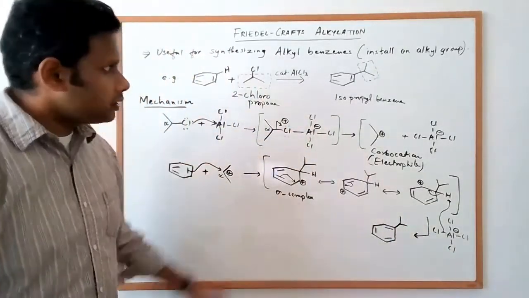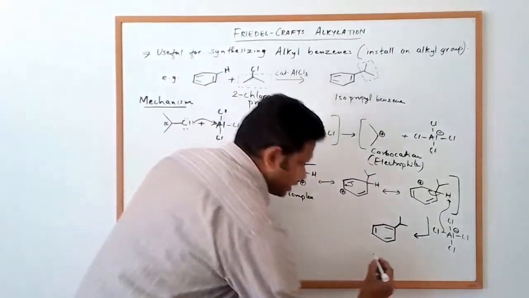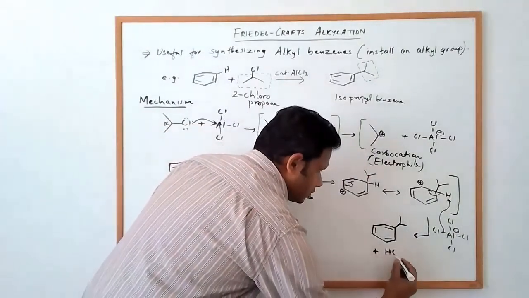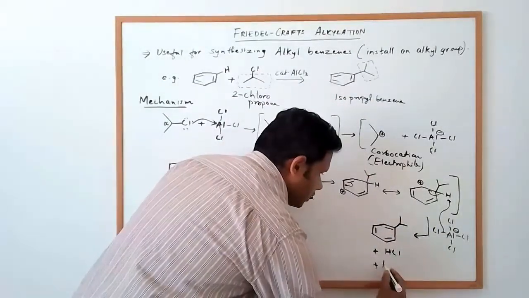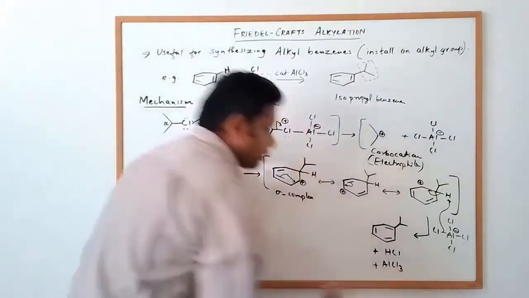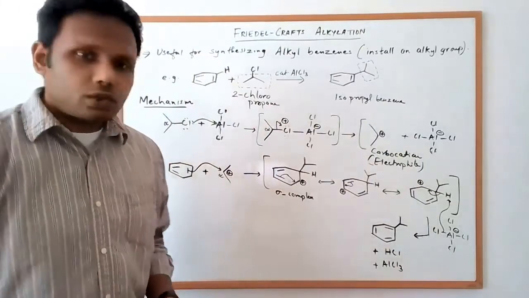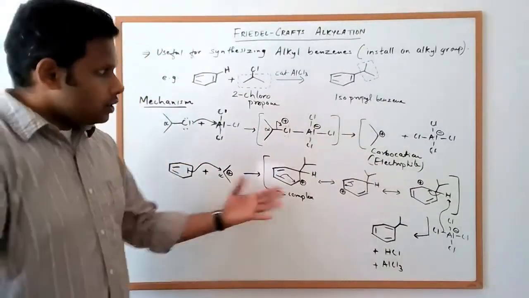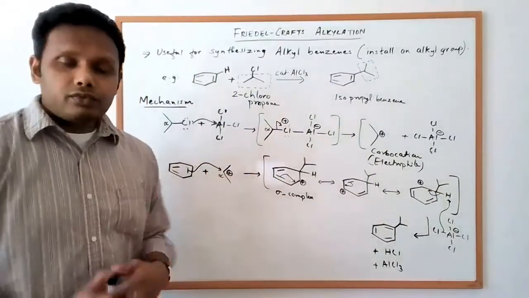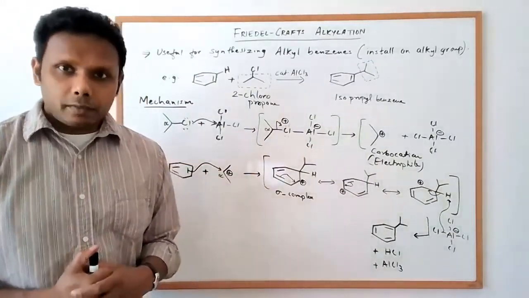We get our product, which is the isopropyl benzene. Along with that, you will have HCl, and we would have regenerated our catalyst. So the aluminum trichloride catalyst is regenerated in the process. So that's the mechanism of the Friedel-Crafts alkylation.